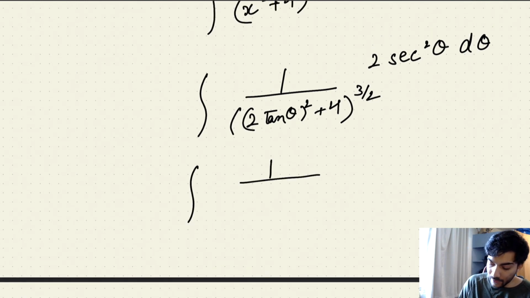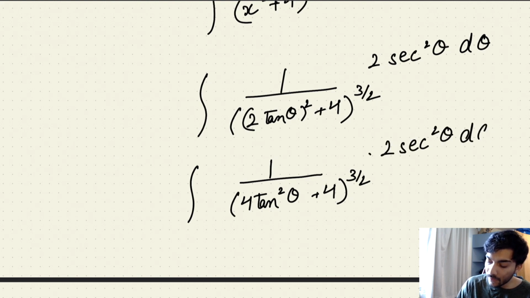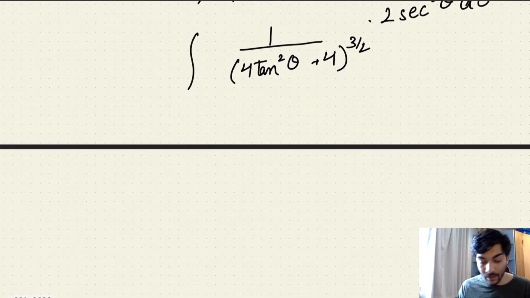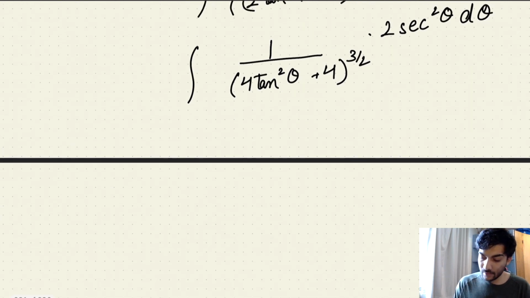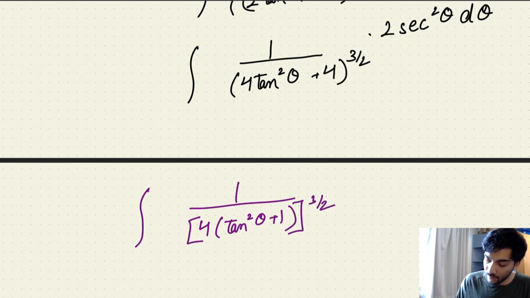Let's further simplify this integral. This would simply be 4 tan square theta plus 4 to the power 3 by 2 times 2 secant square theta d theta. And if we further simplify, we can write this as 4 tan square theta plus 1 to the power 3 by 2, again times 2 secant square theta d theta.